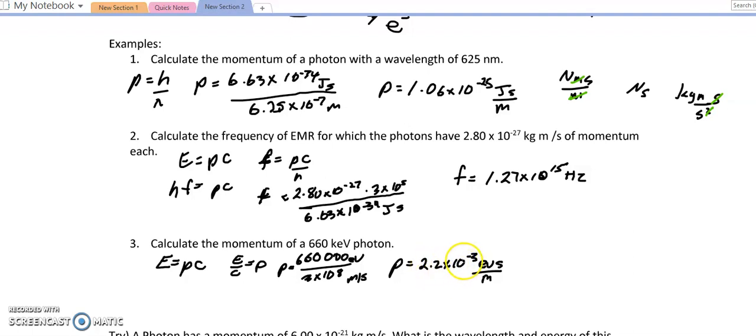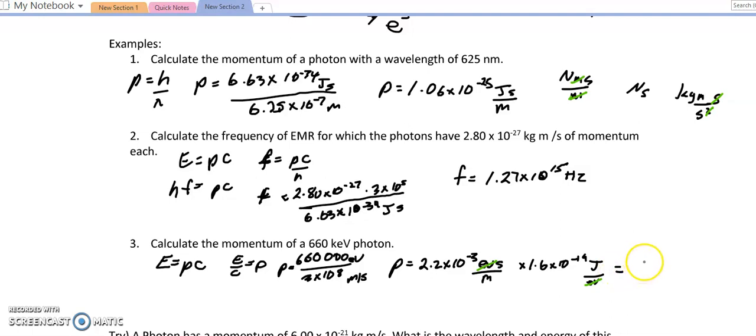Now, if we wanted this in joule seconds per meter, to get it to standard units, converting electron volts to joules would be multiplying by 1.6 times 10 to the negative 19 joules per electron volt. And so we're actually going to just do that with this. Notice that in this case the electron volts cancels out, and you're going to get your answer in joule seconds per meter.